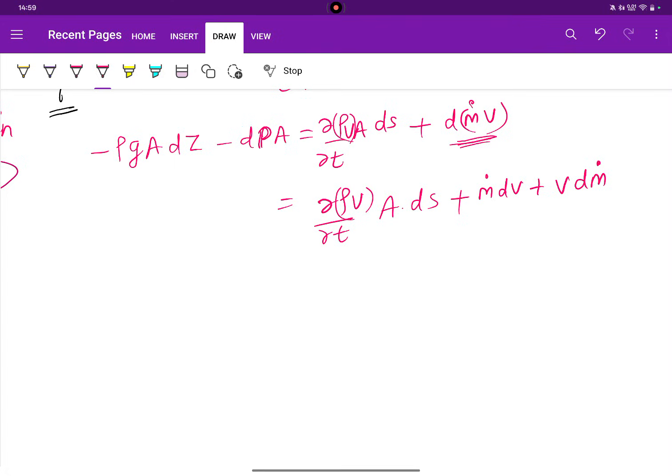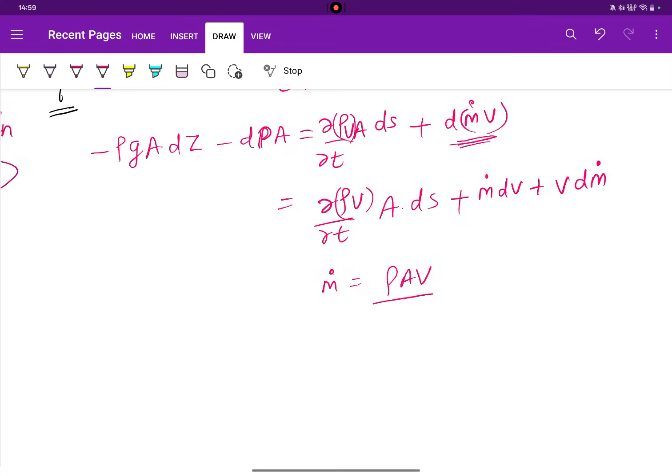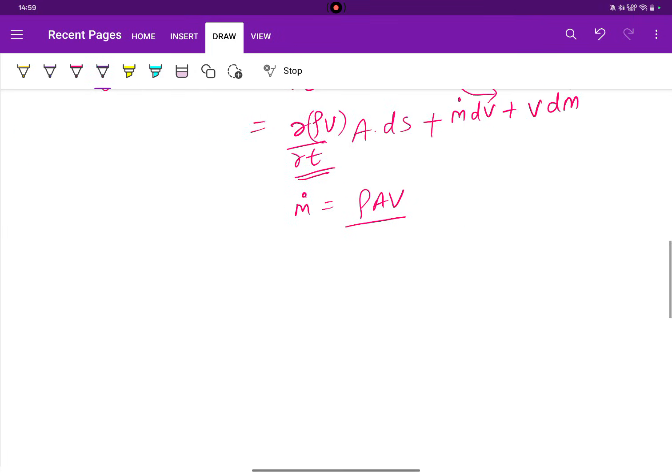Now what can I put in? m dot is nothing but rho A v. Fine. So again, similarly, you have to break it down here the way you broke it there. Let me change the color. So here what will you get? Del rho by del t into A v ds.